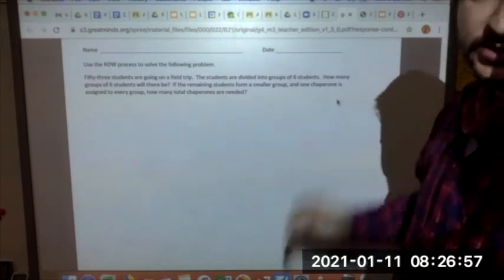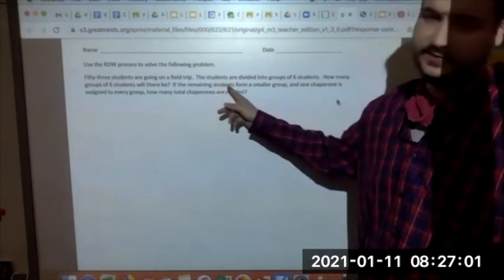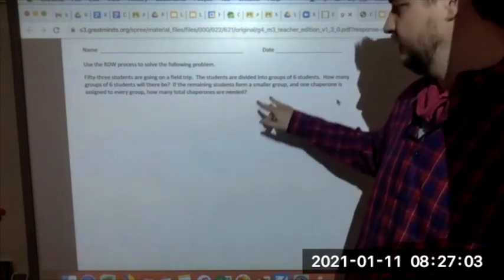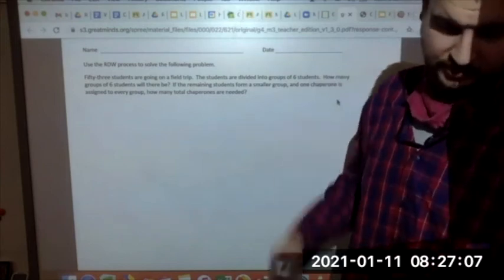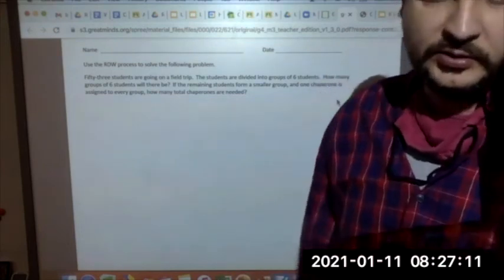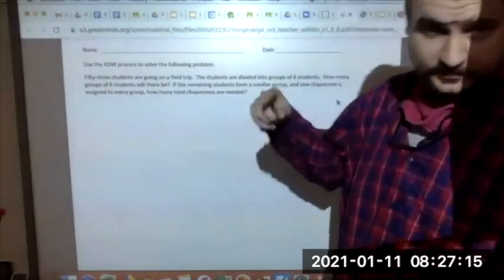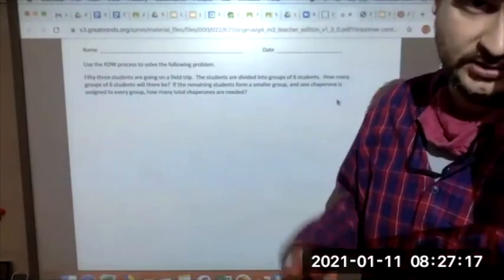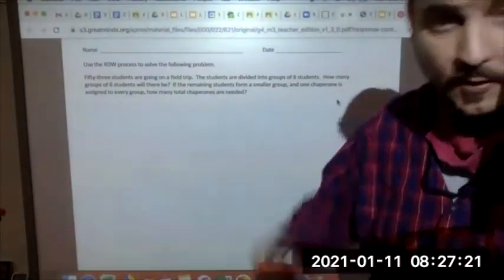So this goes with what we said. You can't leave students behind if you have some left over. You're just going to have one group with a chaperone. If you don't know what a chaperone is, it's when you have an adult go with you. So like the teacher can't be with every group. So you have a chaperone, you have an adult with the groups to lead them around the field trip, right?